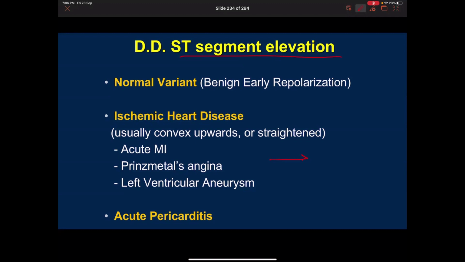Where you have an ST elevation, but then it goes away. Unstable angina. Now remember, in angina, we don't have ST elevations or depressions. For this patient, you did an ECG, you saw a STEMI, but then it went away.